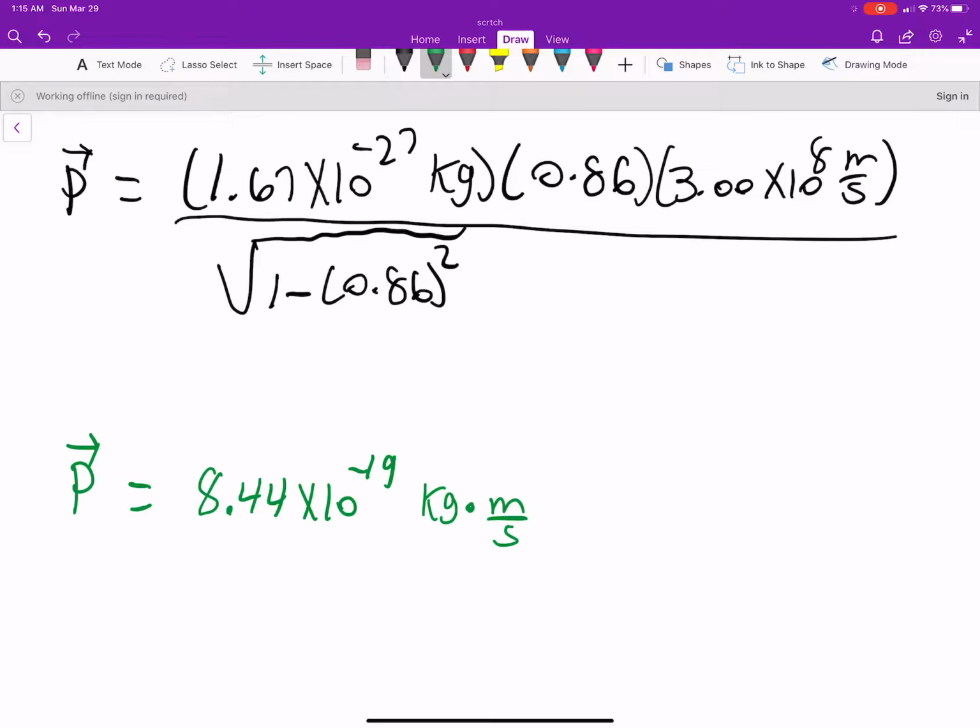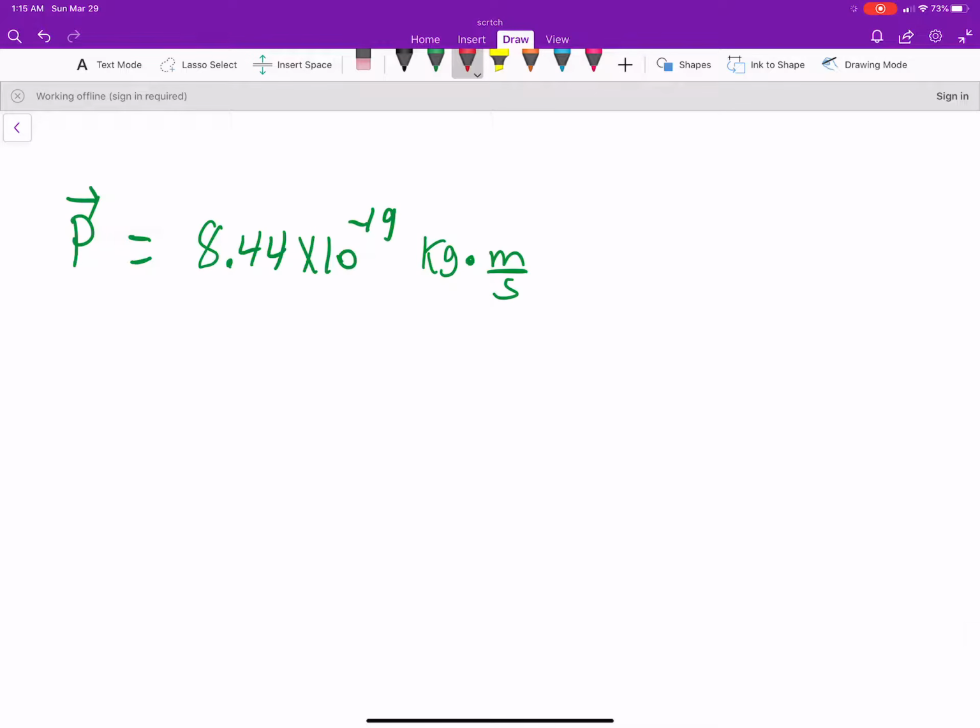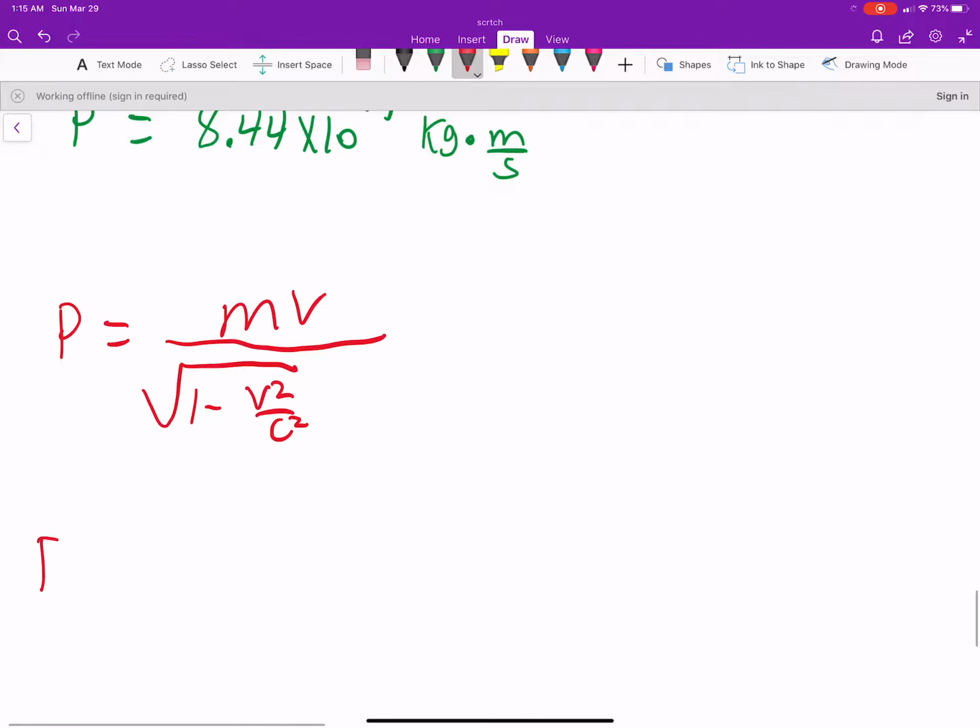Now, another way to look at this, which is how we normally will with these sorts of problems, is to take what we had originally. Momentum is mv over the square root of 1 minus v squared over c squared. Let's multiply both sides by c. Then pc equals mvc over the square root of 1 minus v squared over c squared.